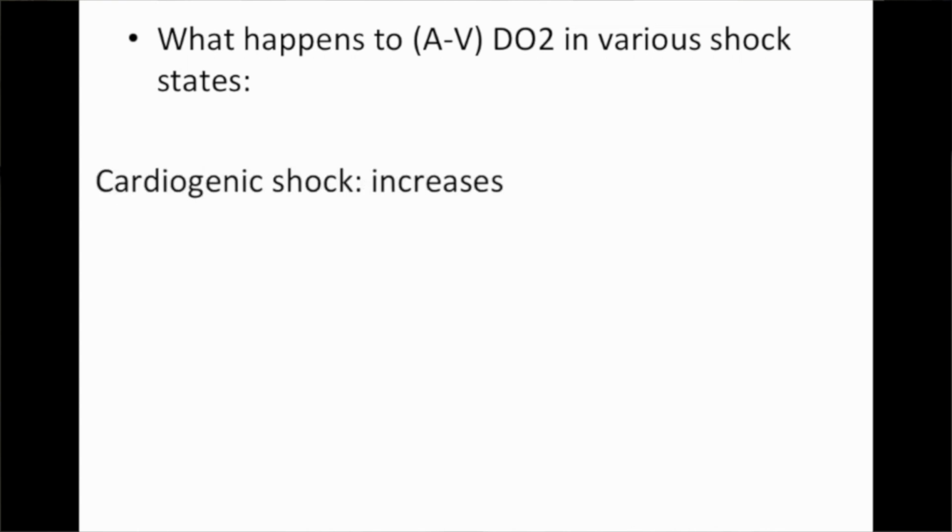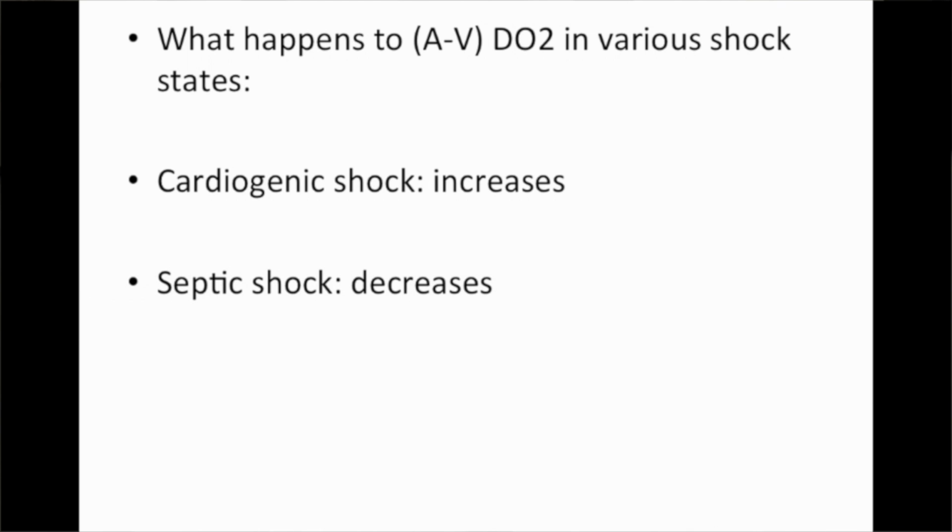So if you look on the slide, you can see that in cardiogenic shock, the AVDO2 increases, and in septic shock, it decreases. And the idea here, to take a few moments thinking about it, is that in cardiogenic shock, the problem is oxygen delivery, the problem is pump dysfunction, and therefore the body will extract more oxygen per unit volume of blood, decreasing the oxygen saturation as it comes back to the heart and increasing that AVDO2.